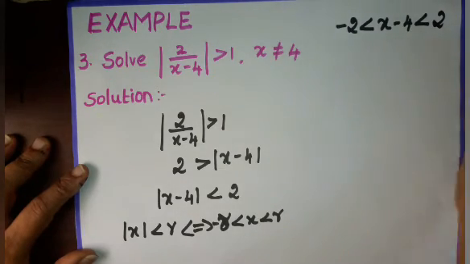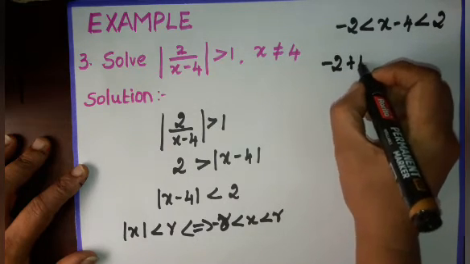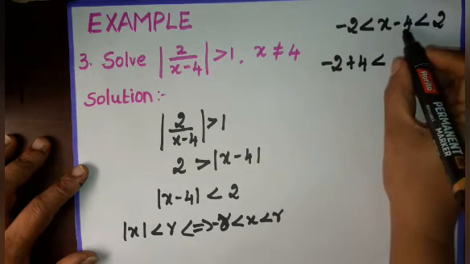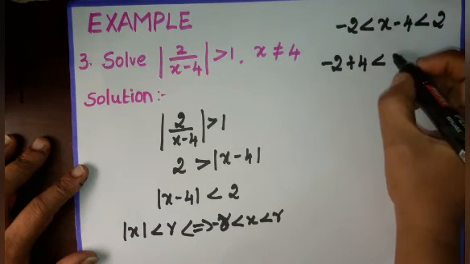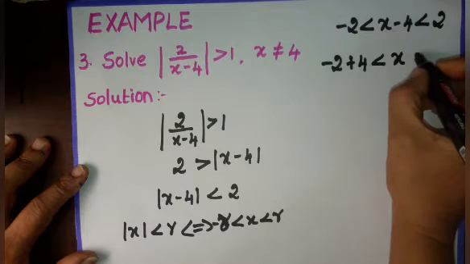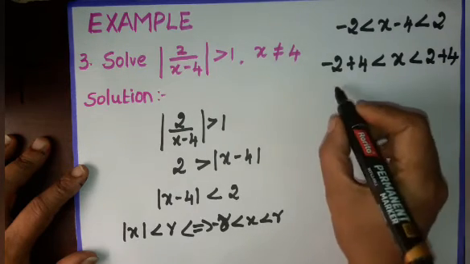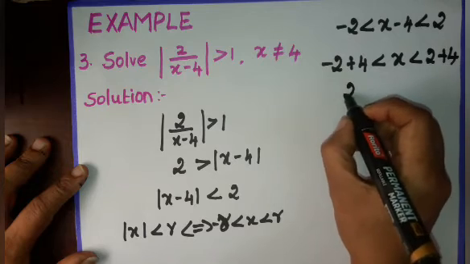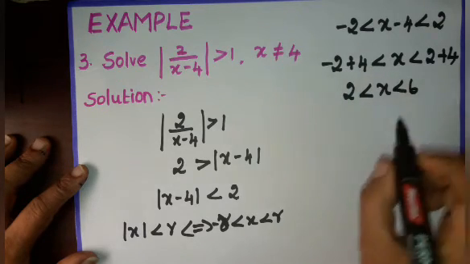Adding 4 throughout the inequality, then we get minus 2 plus 4 less than x minus 4 plus 4 less than 2 plus 4. 4 and 4 will be cancelled, then we get only x. Minus 2 plus 4 is 2, less than x less than 6.